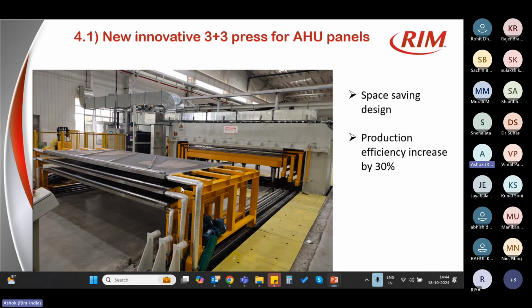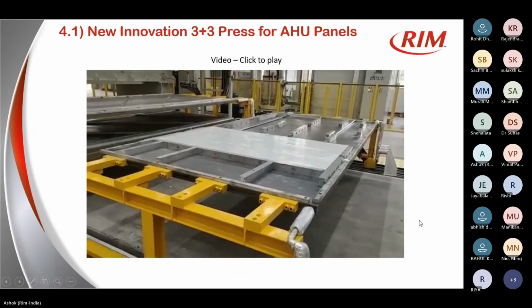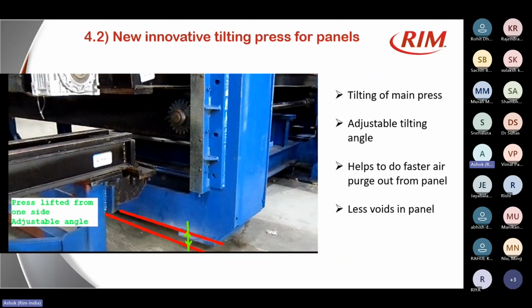If you compare it to the 1+1, you now have 3+3, meaning that at a time you have 3 platens in preparation and 3 platens in production or foaming. So the production efficiency is increasing by 30%. Okay, so that was about the 3+3 press.